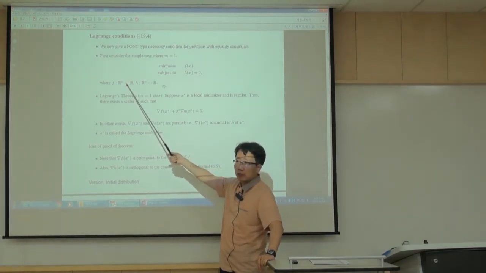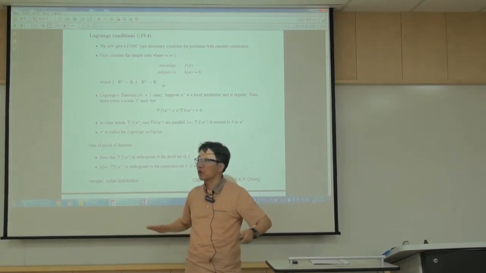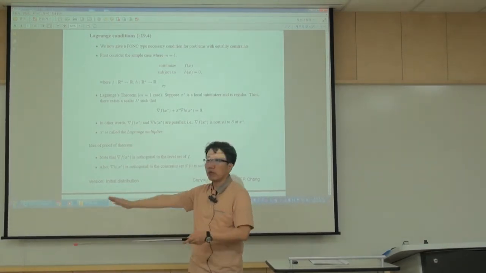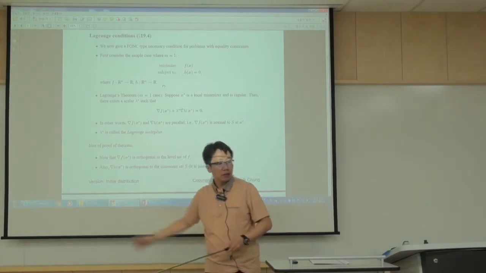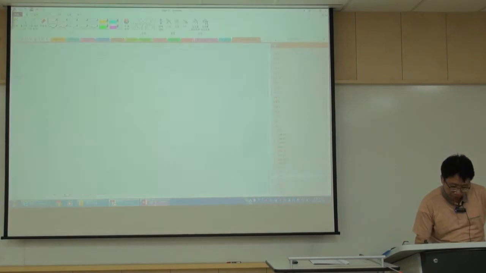So with n equals 2, we can easily visualize our constraint set in the two-dimensional plane.